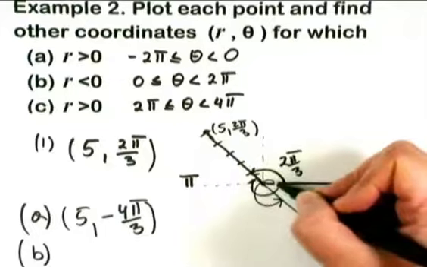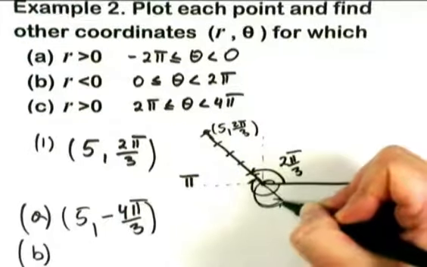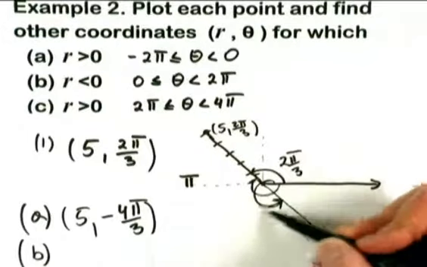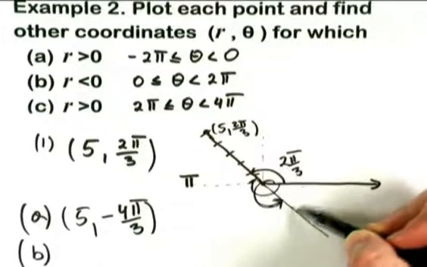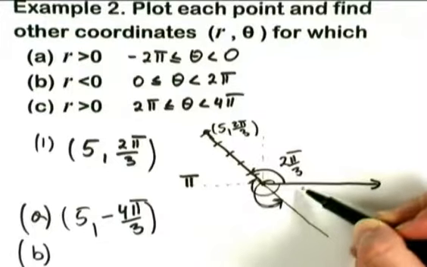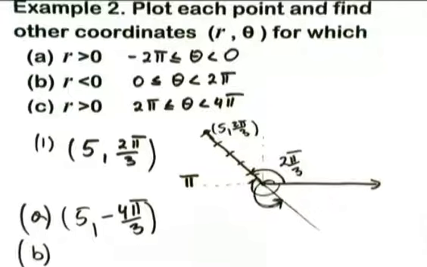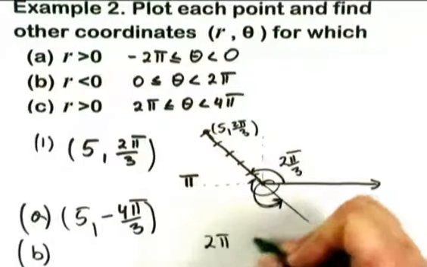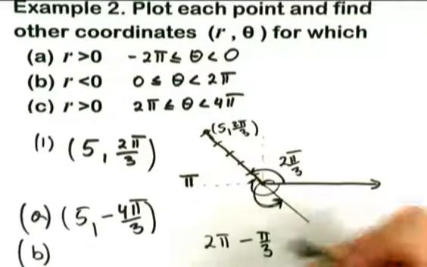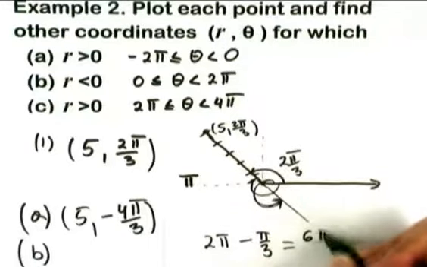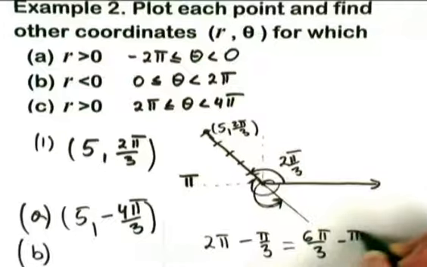So we need to identify what this angle is. The whole rotation is 2 pi, and this angle is pi over 3. So we are short of a full rotation by pi over 3. We can calculate this: 2 pi minus pi over 3, or 2 pi in terms of thirds is 6 pi over 3 minus pi over 3.